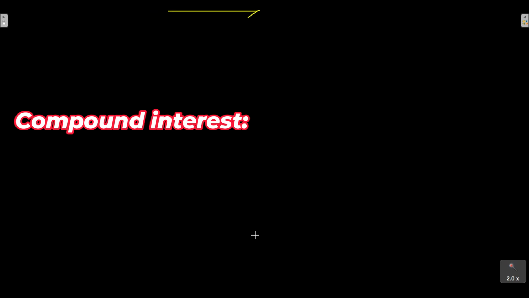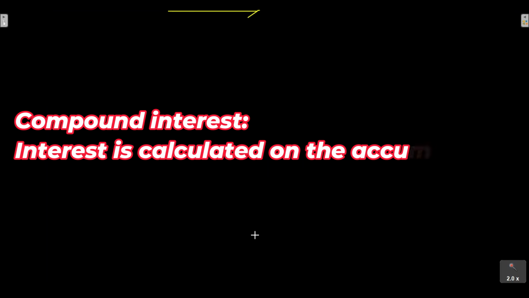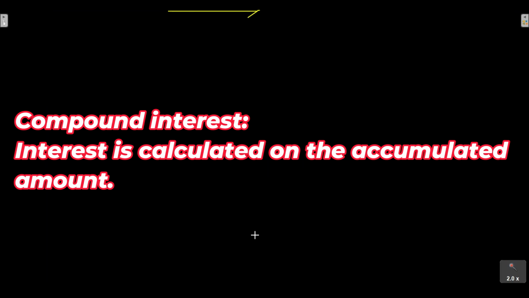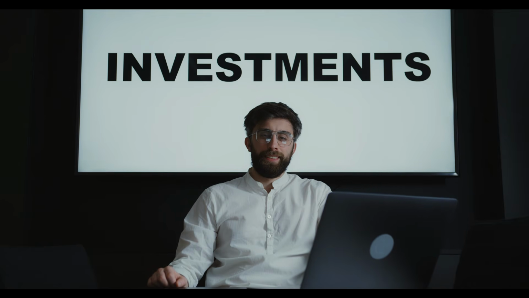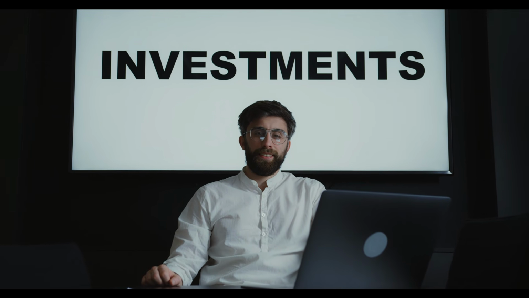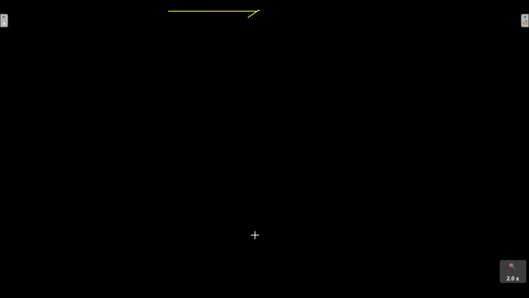Compound interest is calculated on the accumulated amount. We use compound interest mostly for investments, because this method of calculating interest gives you more interest over time than simple interest. But when you're buying furniture, interest is calculated using simple interest.